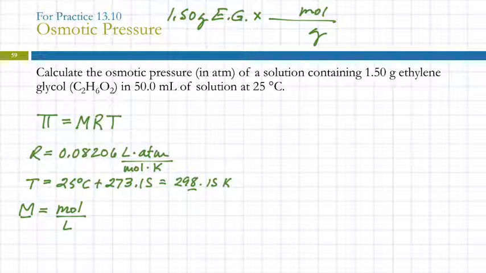So one I screwed up on originally. I'm going to have to do it again because my calculator won't go back that far. Okay, 2 times 12.01 ... 62.068.